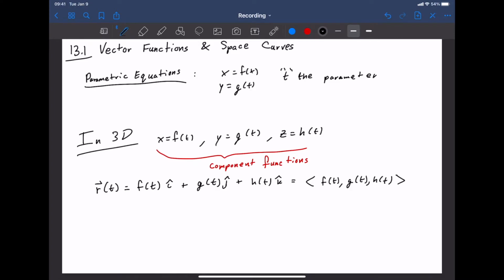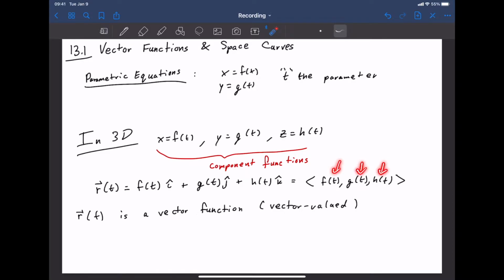So r is a vector function, or sometimes we call it vector valued, because we can see that the output of r is a vector. It's going to get a scalar input in each of these three components, and it's going to turn into a vector.